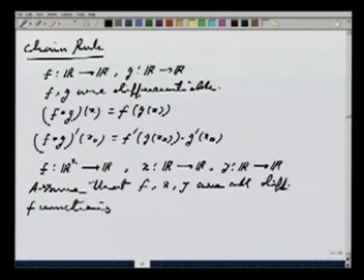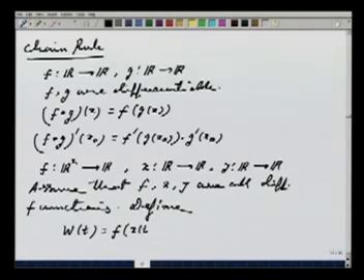Once I know this, I can create another function. So I define w of t equal to f of xt comma yt, and I want to know about the differentiability of w at a point t naught. This is precisely the chain rule which we are going to prove.